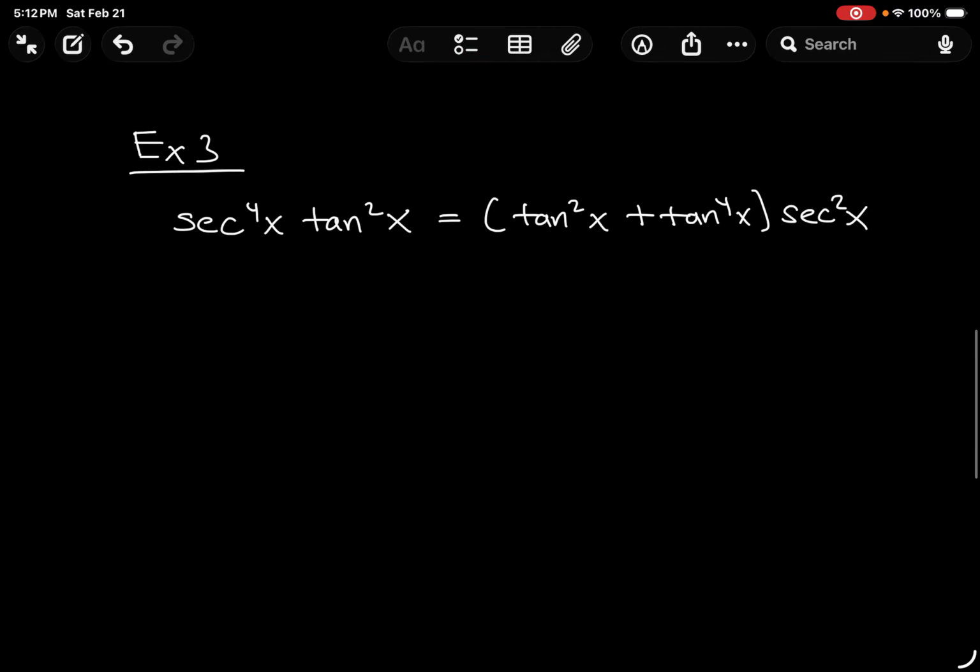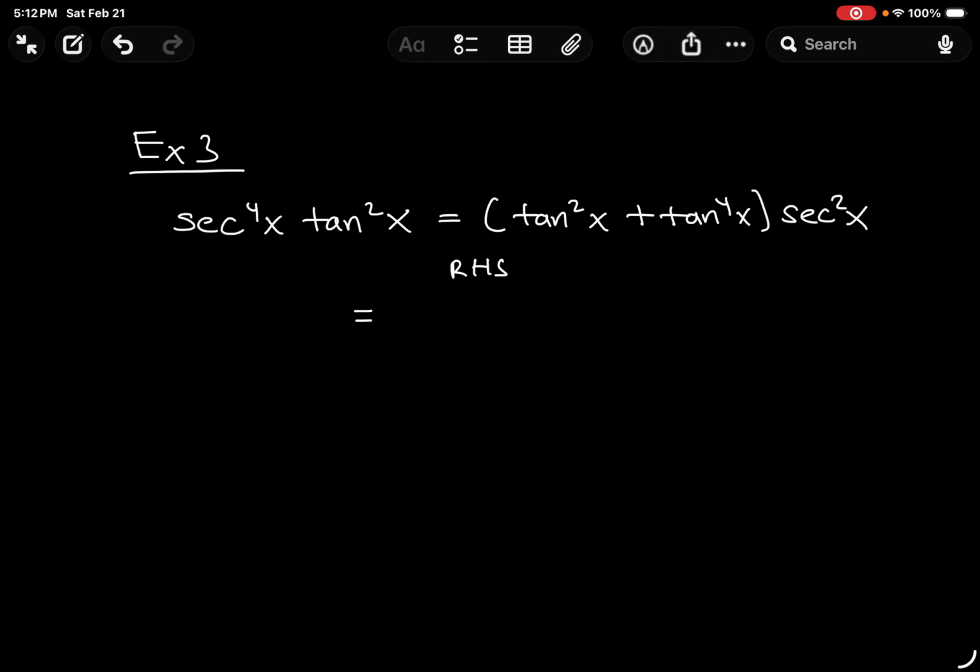Just off the bat, it looks like the right-hand side's a little bit more complicated. And then once I do a trig substitution, it looks like I could do some FOILing or multiplying. Okay, so I'm going to work on the right-hand side just so we're clear.